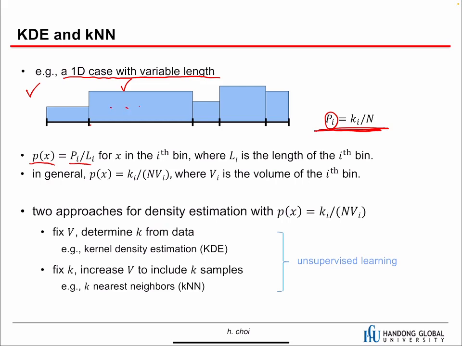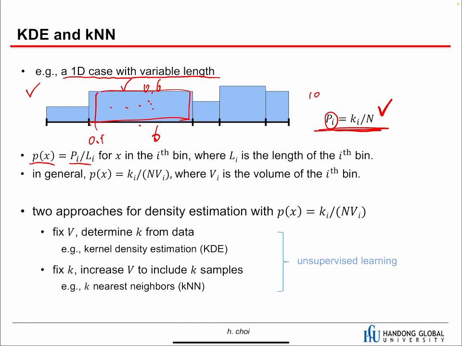When we have lots of samples here, let's say we have 6 samples and in total we have 10 samples, then this one will be 60%. That's what this equation says. So this is 60%, 0.6, but the length is, let's say, 6. Then each one is 0.1, and 0.1 times 6 is 0.6.